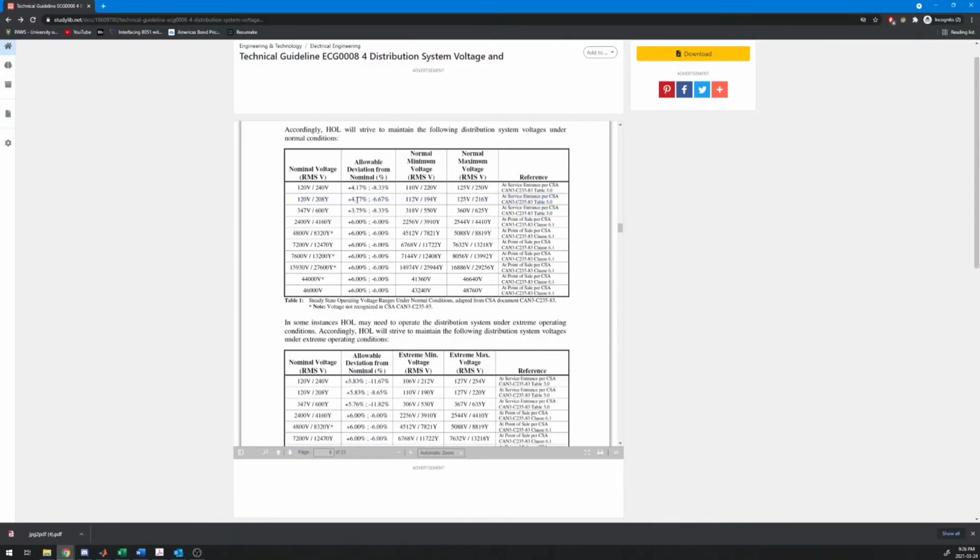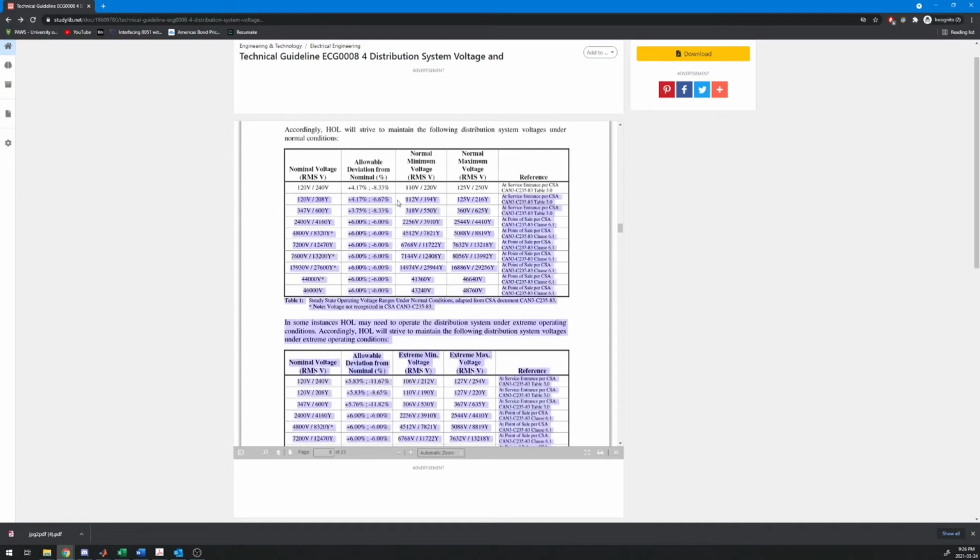The tables for CSA CAN C235-83, which is the distribution standard system voltages for buildings. The first table we can see is for normal operating conditions, and the second table that we see is for extreme operating conditions.